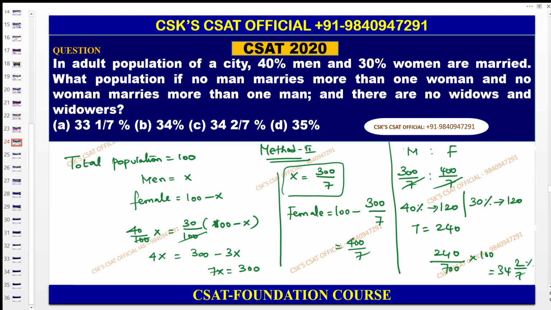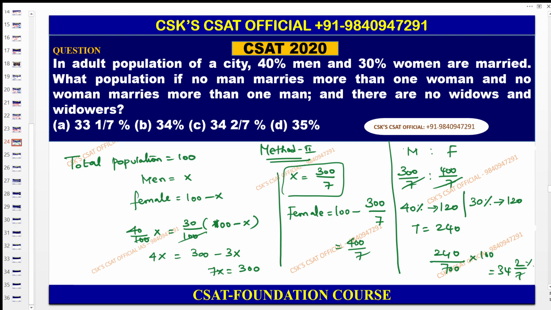Bhaskar, Shiva, Atul. So in method 2, after finding the ratio male to female, that is 300 is to 400, why have we taken 120? 40% of the men are married, right? We have taken the percentage of 300 and 400 as per the question. The total number of men is 300, the total number of females is 400.